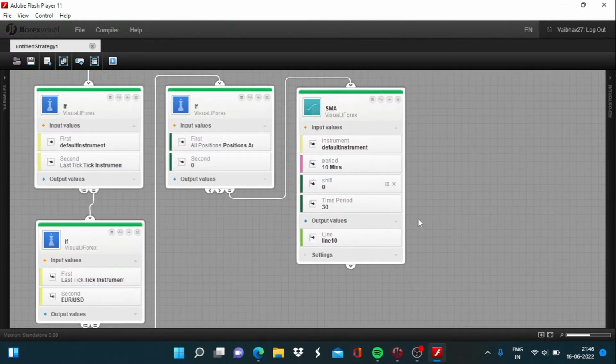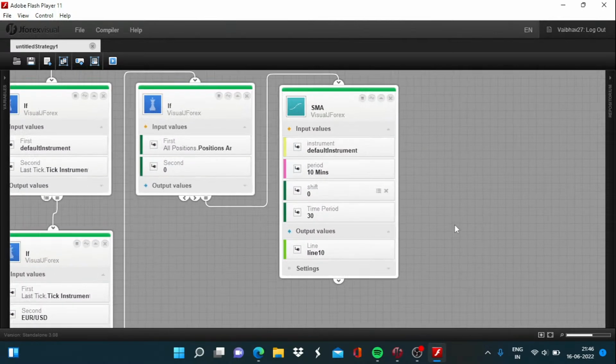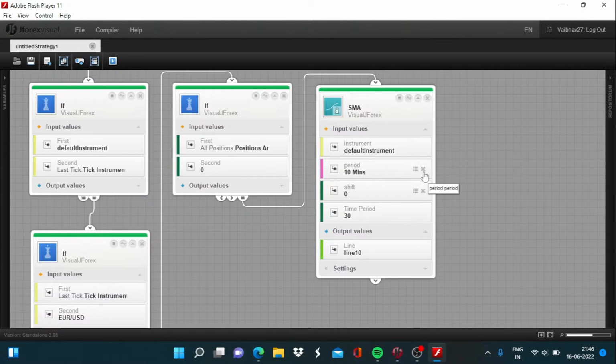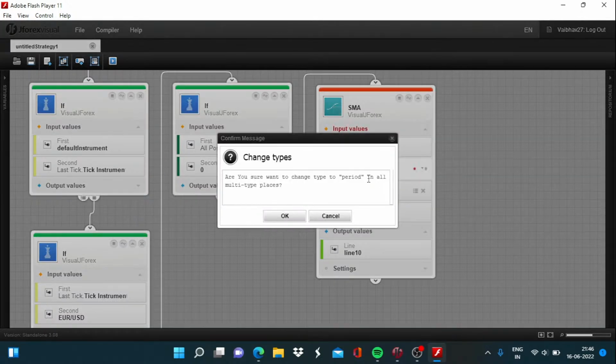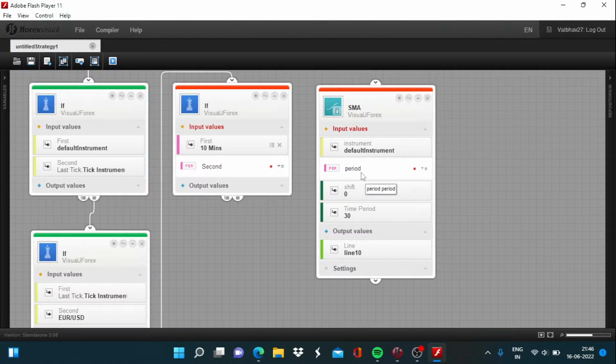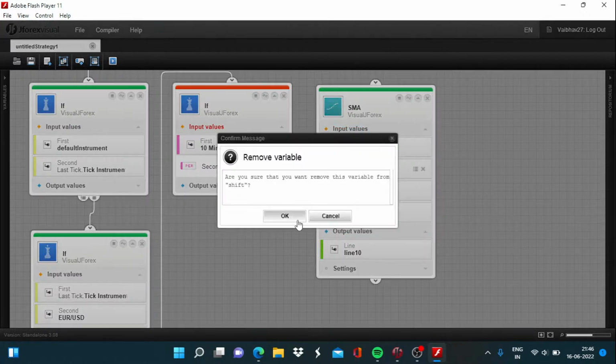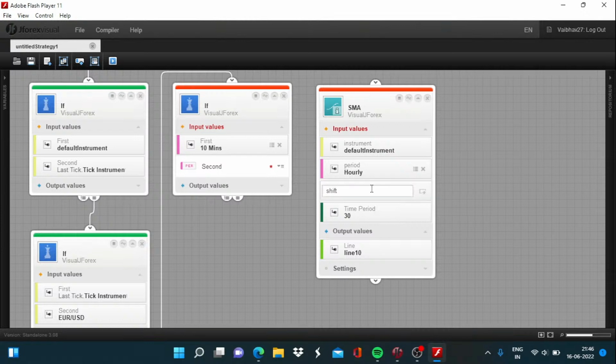Now coming to the first SMA indicator block, I will change the candle period to hourly. We will take the look back period of 1 and time period of 100.